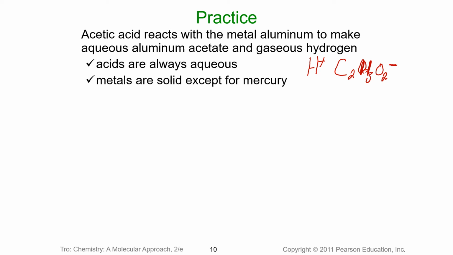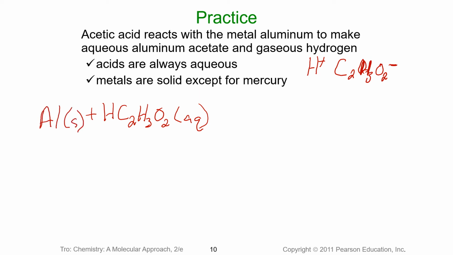So our acetic acid would be HC2H3O2, and because it's an acid, it would be aqueous. This reacts with metallic aluminum, which is a solid, and it doesn't matter which order we write the reactants in as long as they're on the reactant side.